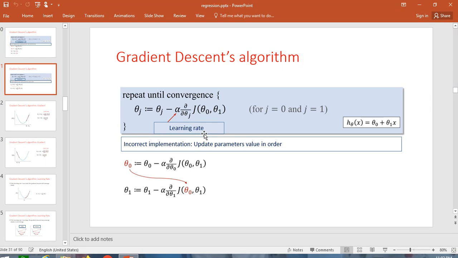The second component is the partial differential of the J function with respect to the second parameter, which is theta 1. You can see them here. So these can be calculated mathematically inside the computer.